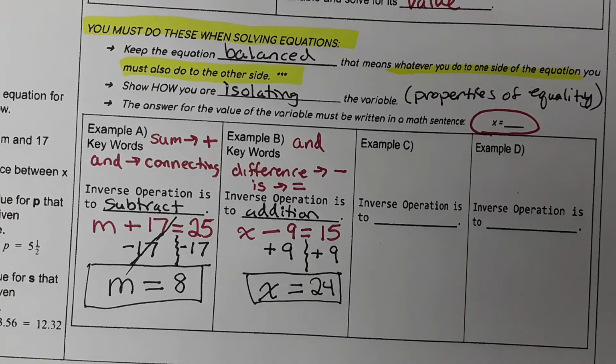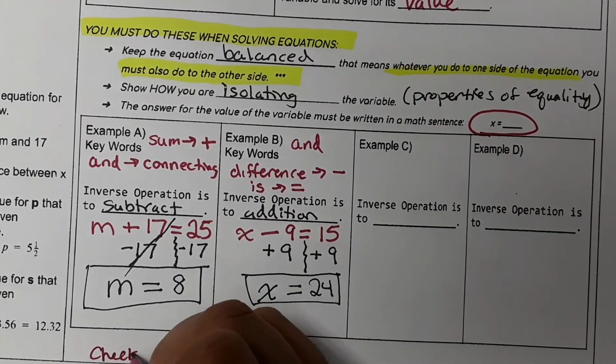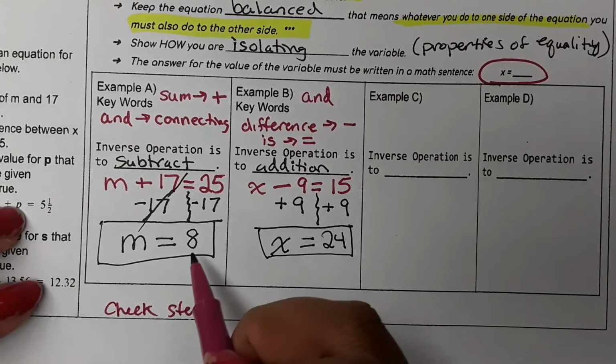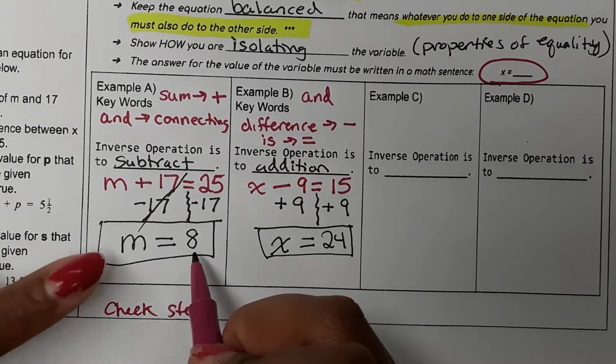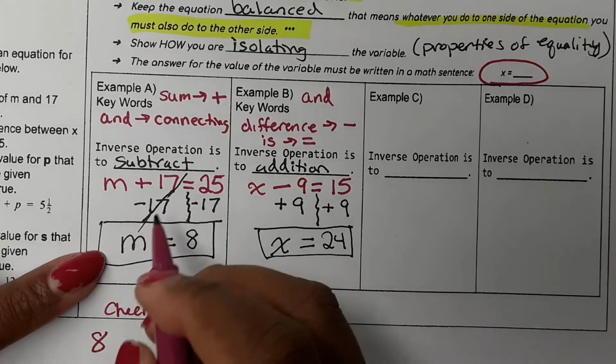All right, from here, solving equations is one of those things where you don't have to leave a test, or even your homework, not knowing whether it's done correctly, because we have this little check step. So I'm going to put that in. A check step means you take the value that you got, the solution 8, and place it in the problem instead of the variable.